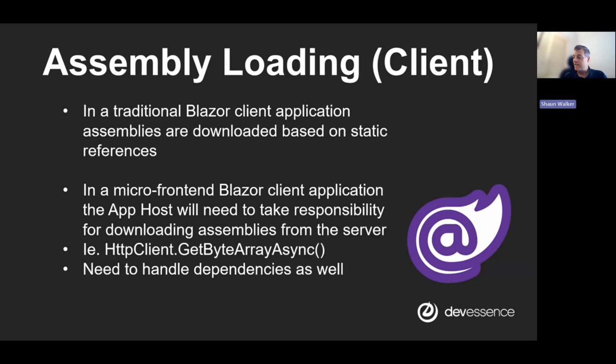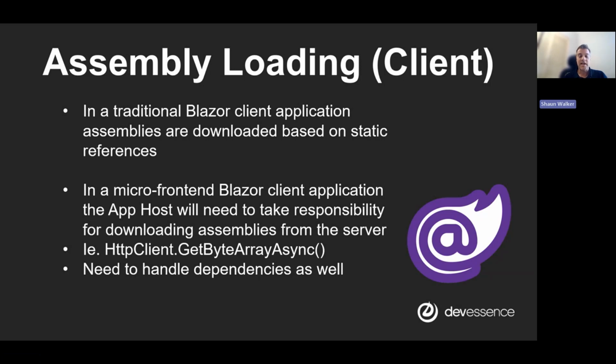On the client side, if you're using WebAssembly or Blazor Hybrid, there are assemblies that need to be downloaded to the client, right? And that could be the client browser, or it could be a client device. In a traditional Blazor client application, all of the references are statically defined. So by default, Blazor knows exactly which assemblies need to be downloaded.